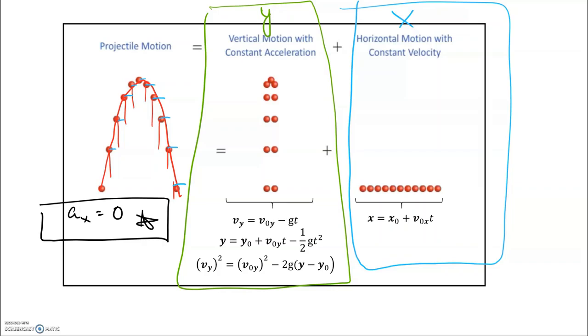Since we're just splitting it up, you have to remember that this motion is all the same motion. How we're dealing with it in the Y direction and the X direction, it doesn't matter. It's still the same motion.